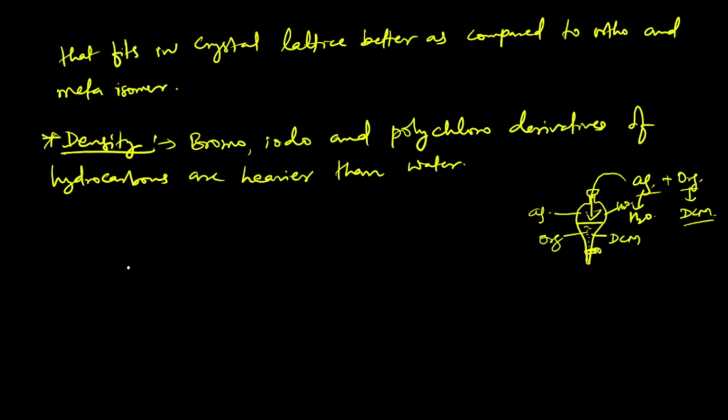Likewise, we have the solubility. We know that alkyl halides are very sparingly soluble, or insoluble. Like if you are taking carbon tetrachloride, it is insoluble in water. But if you are taking chloroform, then we can say slightly soluble.